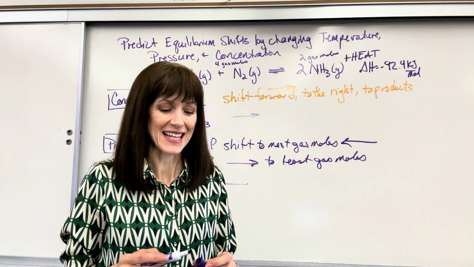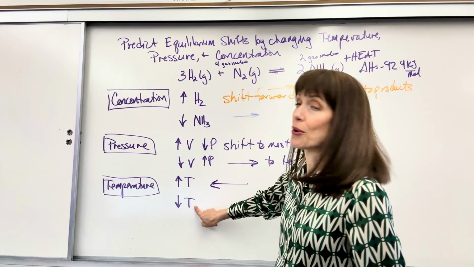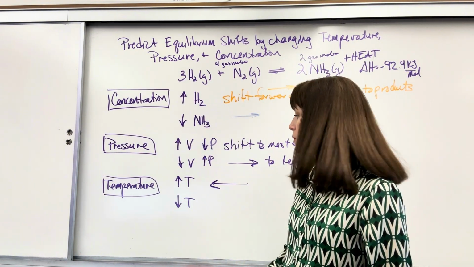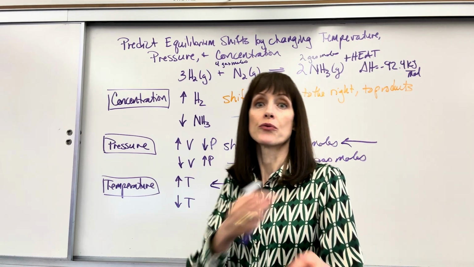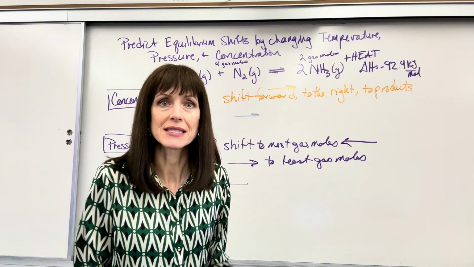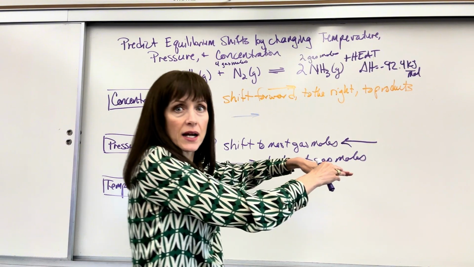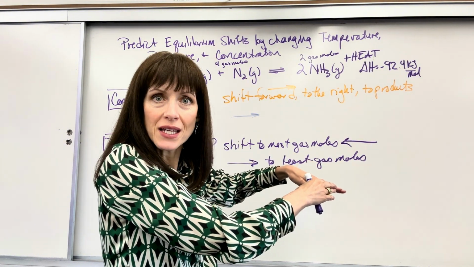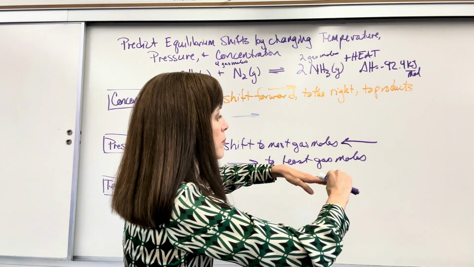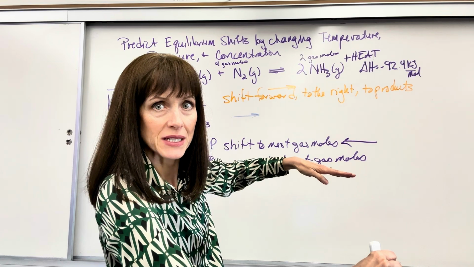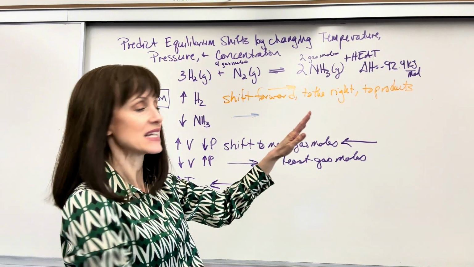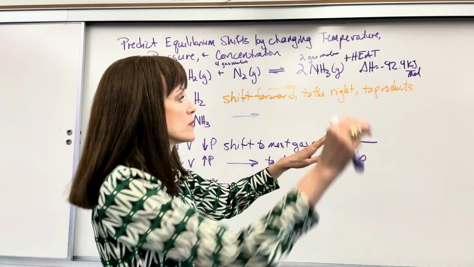Now, let's take this and put it in a cold water bath. So we're an ice bath. Let's remove the heat, decrease the temperature. I'm at beautiful equilibrium. I have my word heat right there, and I'm going to remove the heat. Put this in the ice bath, pull the heat out. What happens to my teeter-totter? Goes like that. I don't have enough energy. I pulled some of that away.